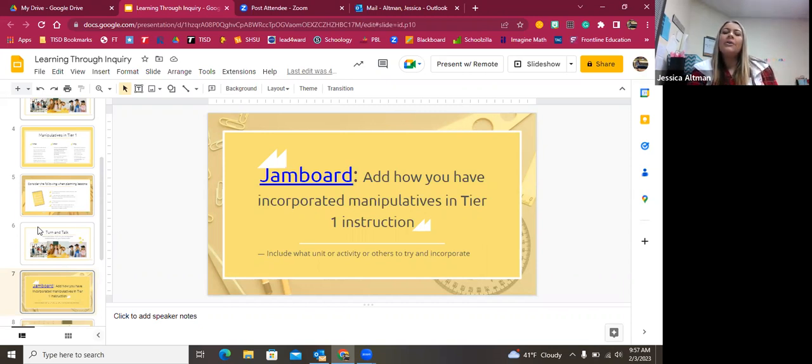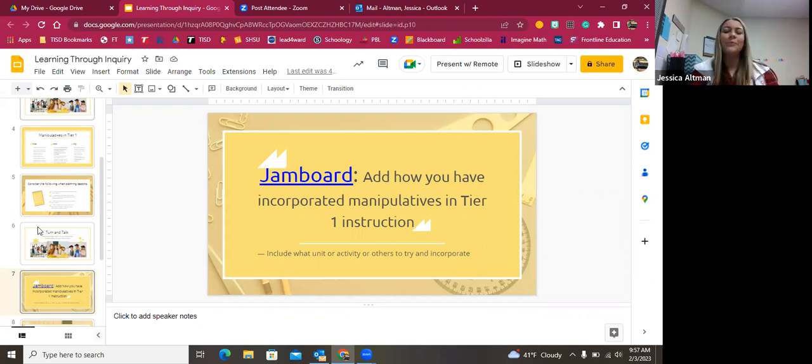Because what you noticed is, again, I just summed up and recapped the different things that were on that Jamboard. And I think had we not started late and the teachers were able to share it out more, that was the original plan, because I think it's better when teachers hear it from other teachers and it's easier to incorporate.